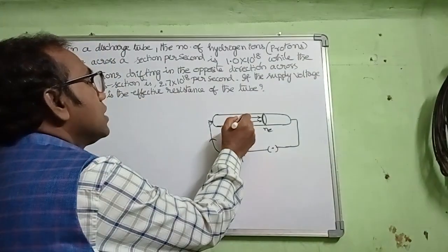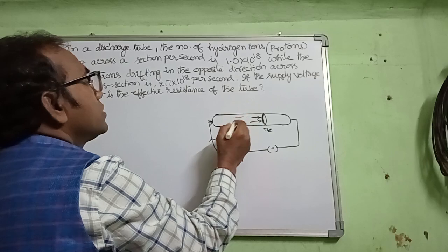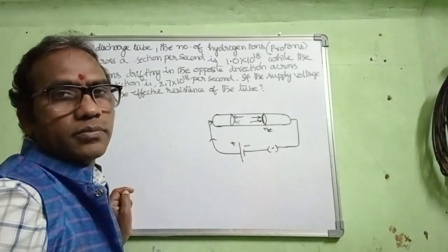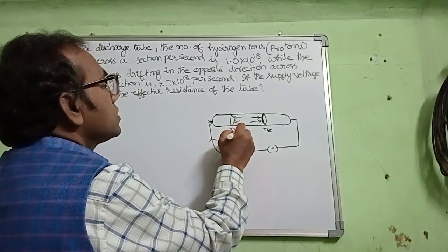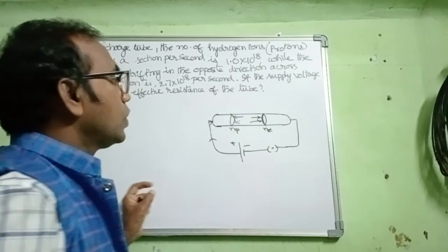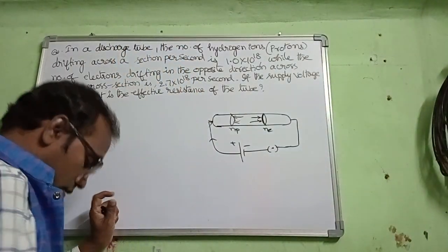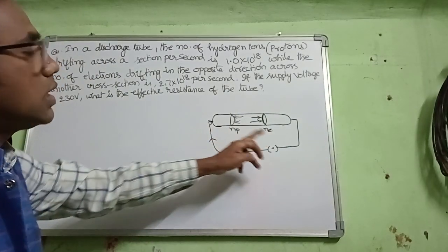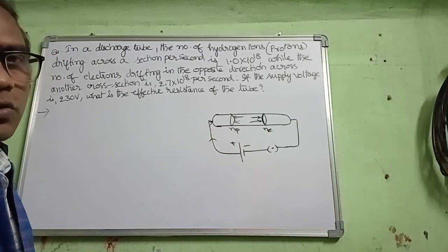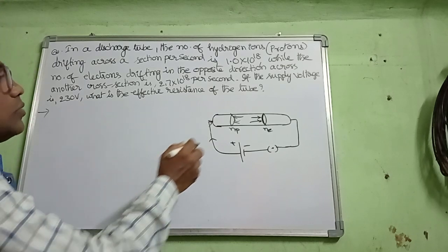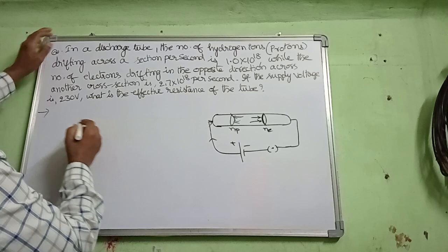Protons, meaning hydrogen ions, are passing in the opposite direction, crossing another cross section here. The number of protons crossing the cross section is Np. The electrons are drifting, meaning moving, and protons are also moving, but in the opposite direction.